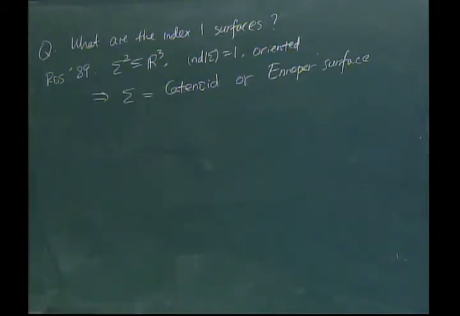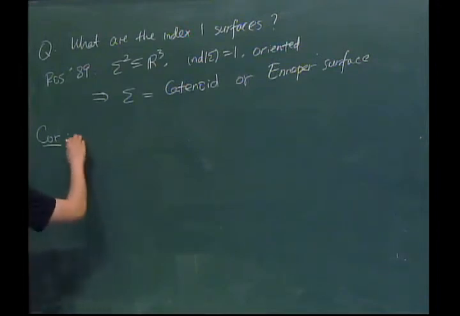And what about higher dimensions? Can you say anything about higher dimensional index 1 hypersurfaces of Rn? Well, ideally, we want to prove it's a higher dimensional catenoid, right? But I cannot do that. Instead, I have another characterization of index 1 surfaces, namely the following.